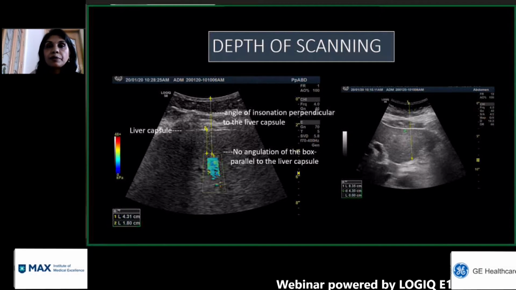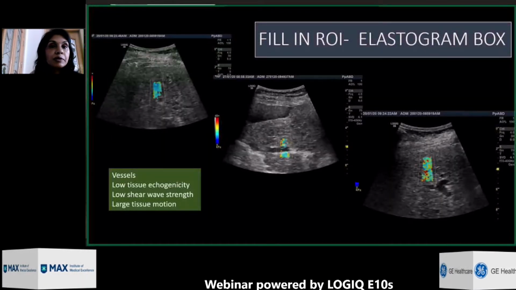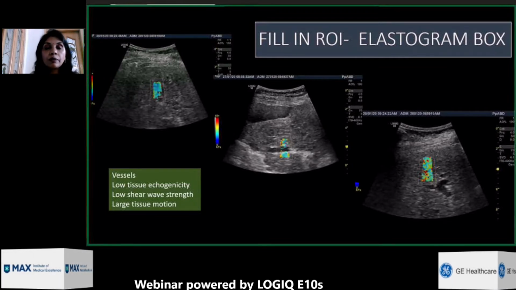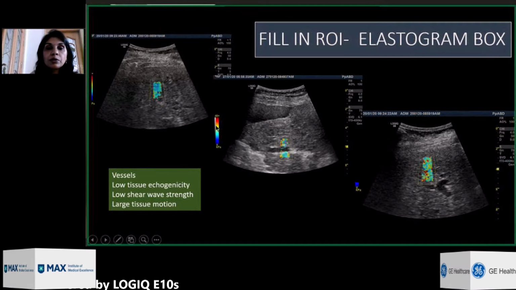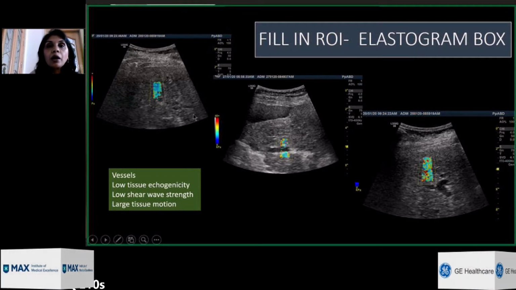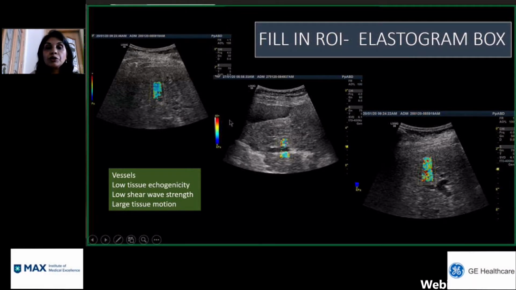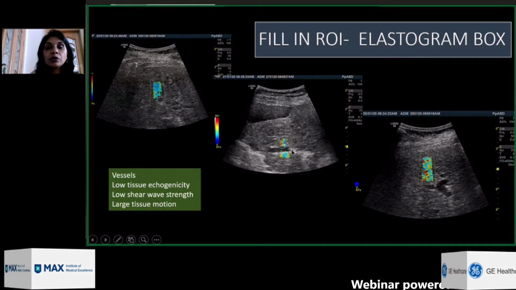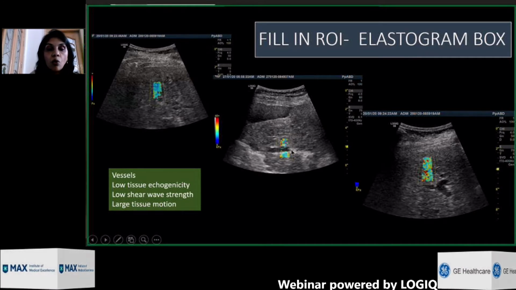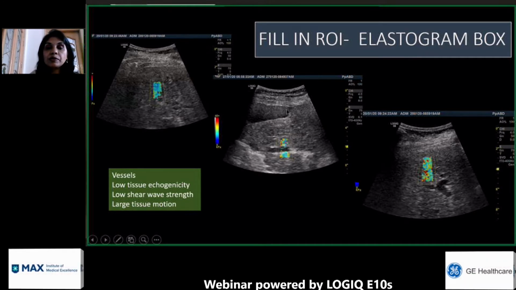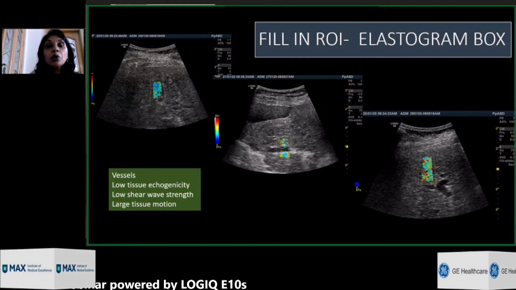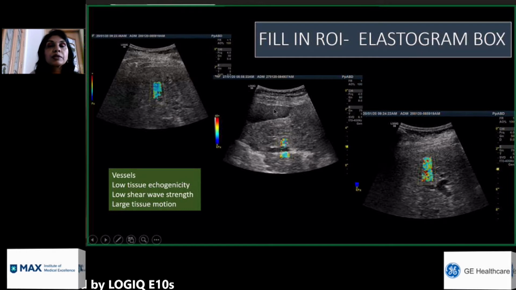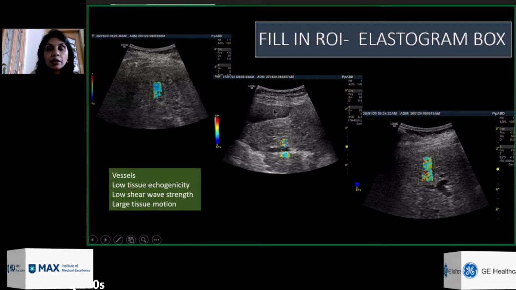Now, there are several factors that lower the confidence value despite a good technique of color map acquisition, like sometimes there are tissue areas interfering with the vessels, as you can see right here, the vessel running across, or there is a low tissue echogenicity when there is ascites or the gallbladder is interfering. So do make sure that this interference is eliminated whilst you're taking your Q box into a particular zone.